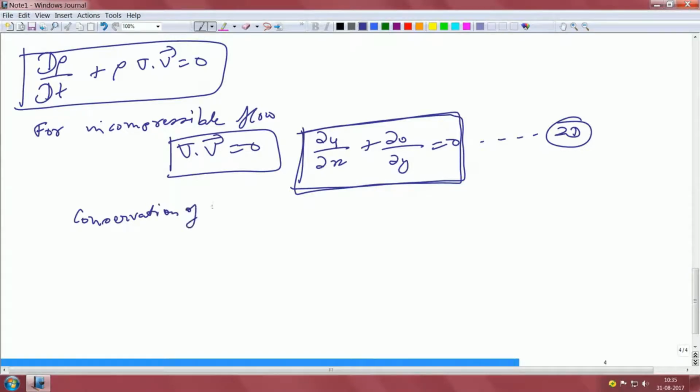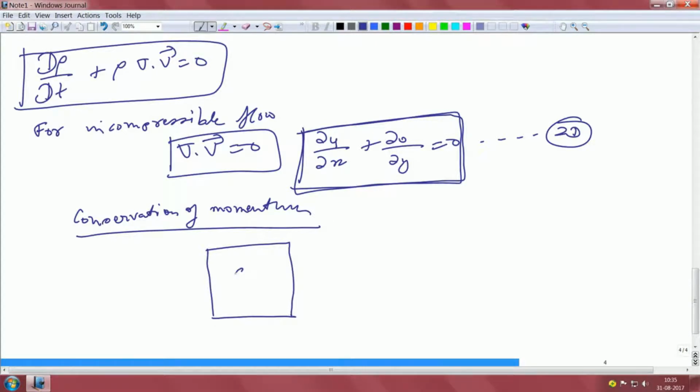Now that we know what conservation of mass is, we move on and see how the conservation of momentum will look. We look at the same control volume; there is no need to change it. This control volume is still the same.